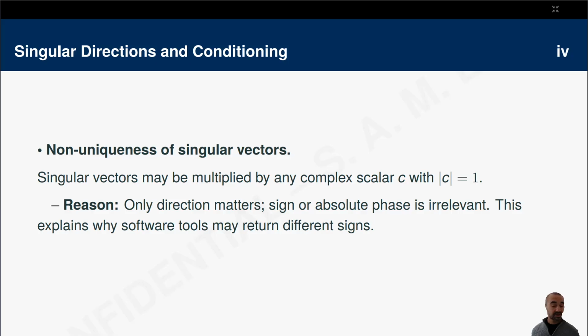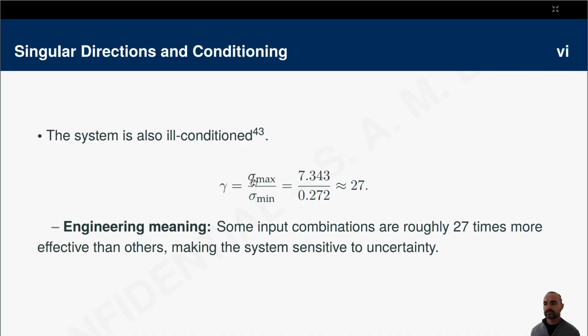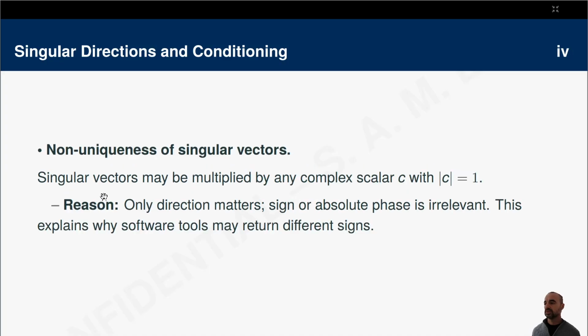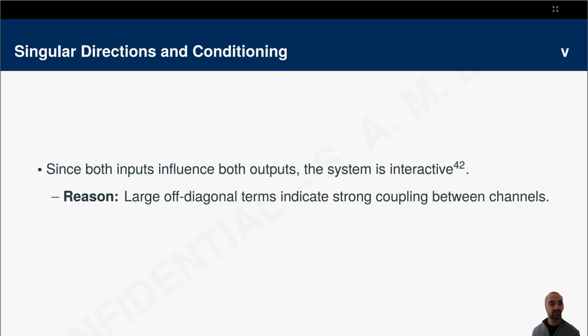This interaction means that you cannot tune channels independently. You cannot tune the output in a certain channel along a certain direction independently, because that is going to affect the other output.